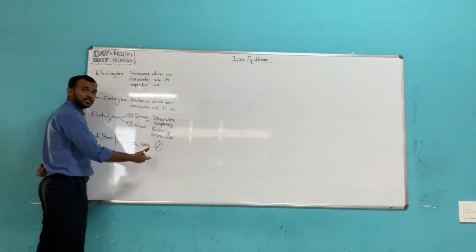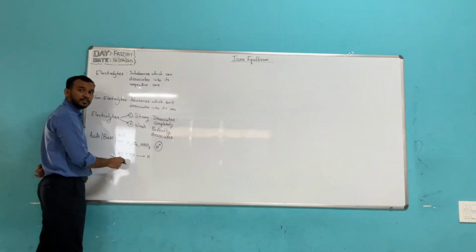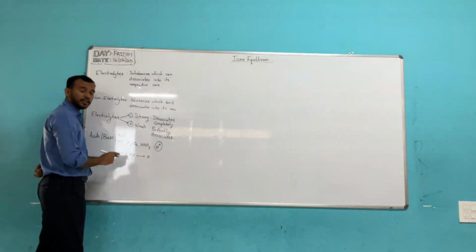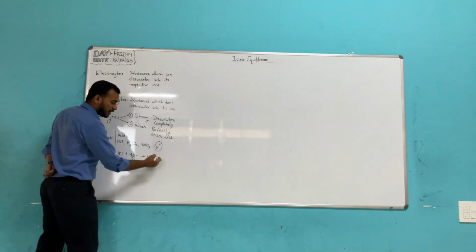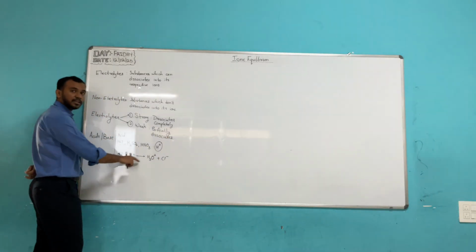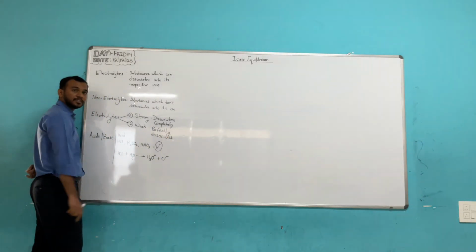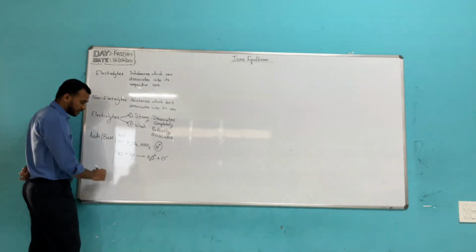That H plus which is formed gets combined with H2O, and it will form H3O plus ion and Cl minus. So this is the symbolic representation of the irreversible reaction. Yes. Which reaction? Irreversible reaction.